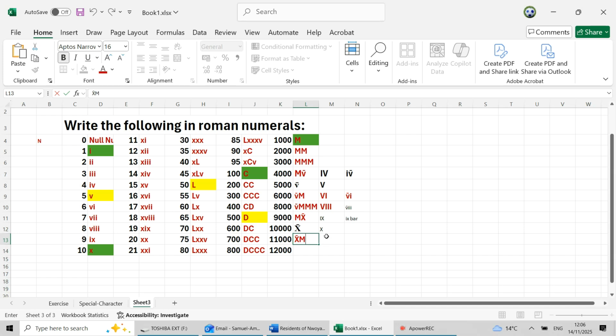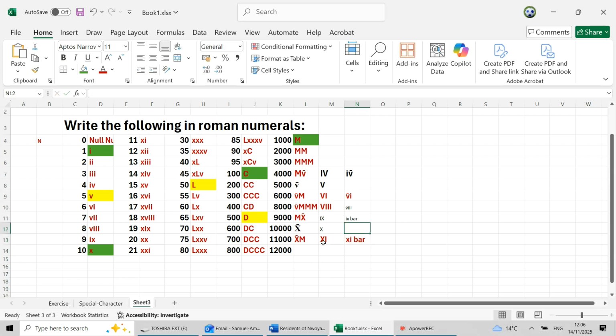And the way they write it, which they think is very modern, is that they just write XI, capital X and I, which is a way of saying 10 times 1,000 plus 1 times 1,000 to give us 11,000. Or some people write it as small x i bar to symbolize 11,000 as well.